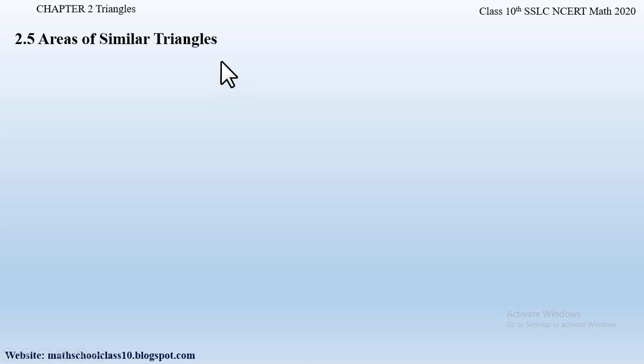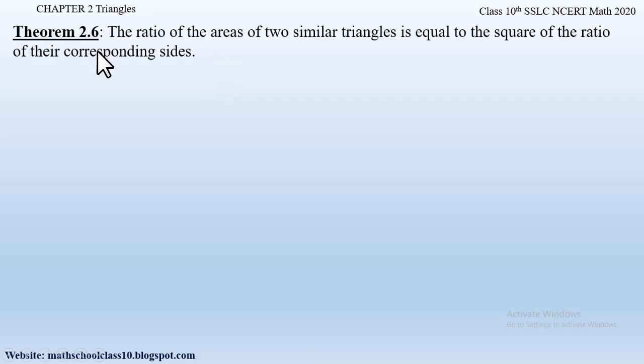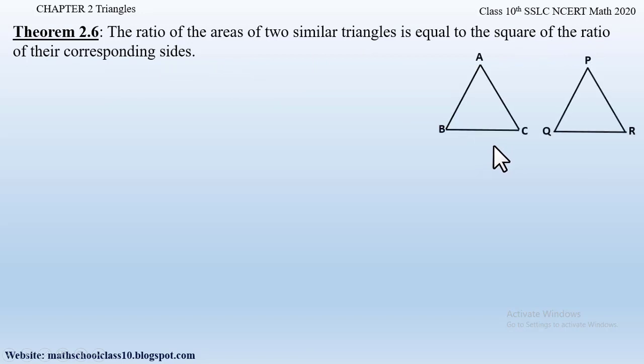Okay, so let us prove this by using a theorem, that is theorem 2.6. Theorem 2.6 says the ratio of the areas of two similar triangles is equal to the square of the ratio of their corresponding sides. So if we have two triangles such as ABC and PQR, then the ratio of the areas of these two triangles will be equal to the square of the ratio of their corresponding sides.